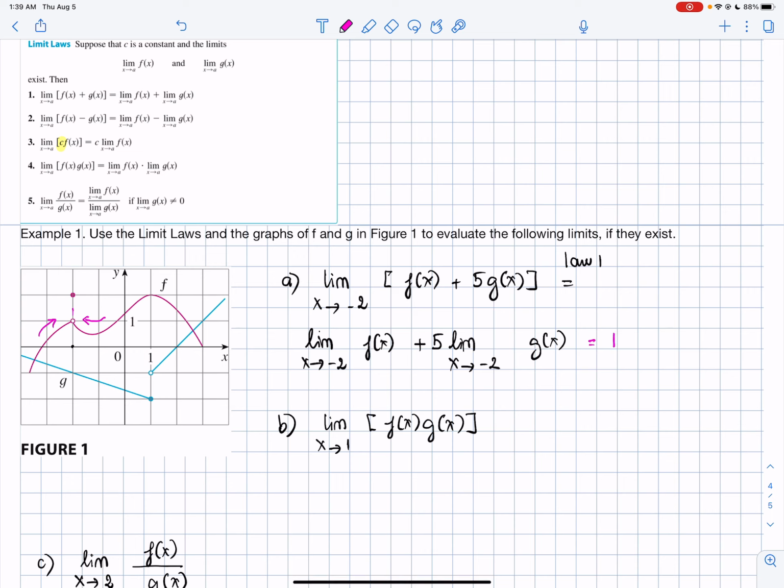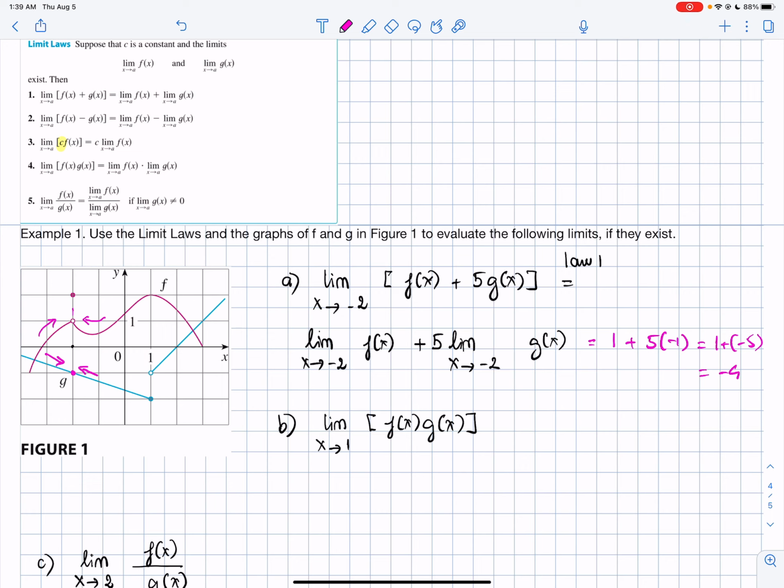And the function g is the blue color, and we approach from the right or from the left, or both ways. So the answer will be negative 1. So we got 1 plus negative 5, and the answer is negative 4.